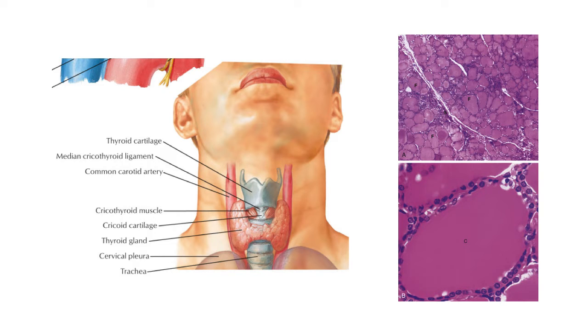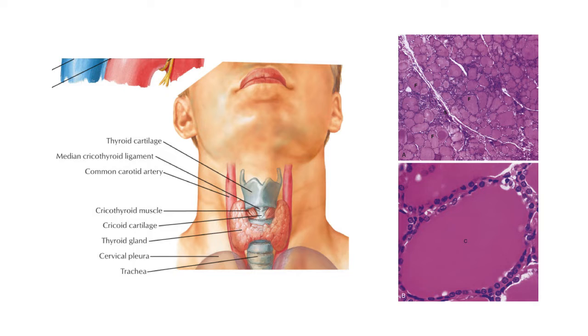And if the body needs thyroid hormone, then the colloid will be reabsorbed by these follicular cells, and the thyroid hormone is processed and secreted posteriorly, basolaterally into the circulation.